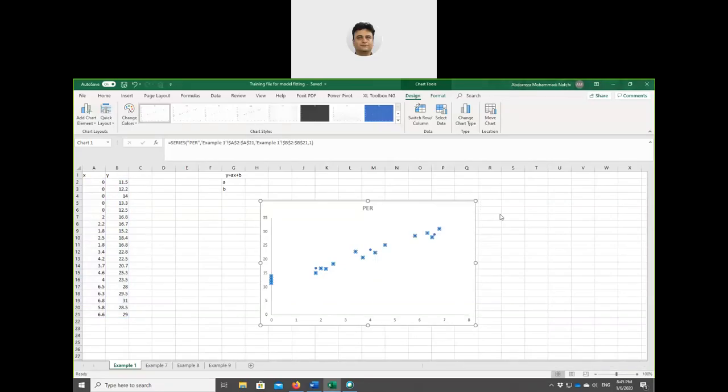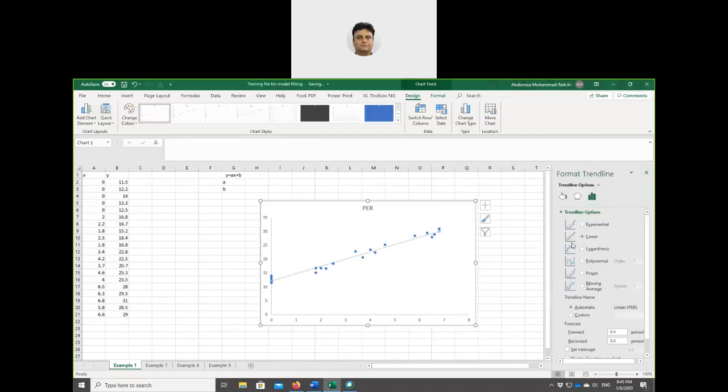When you add the trend line, a window will appear here. It depends on the version you are using, but in the latest version it appears here.